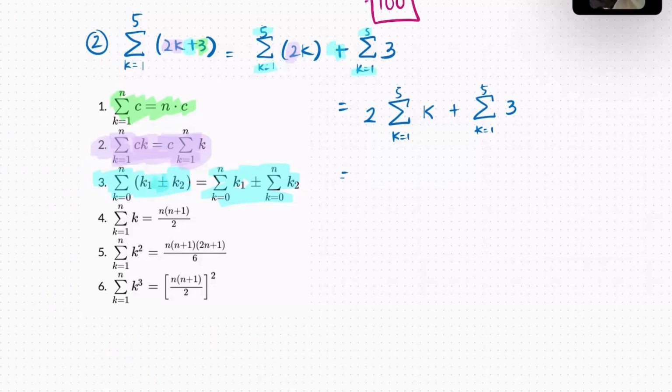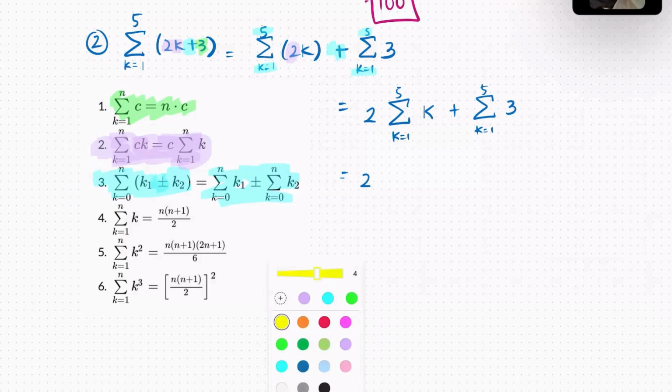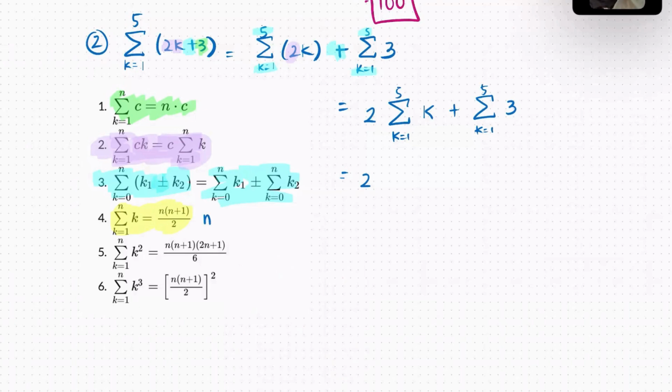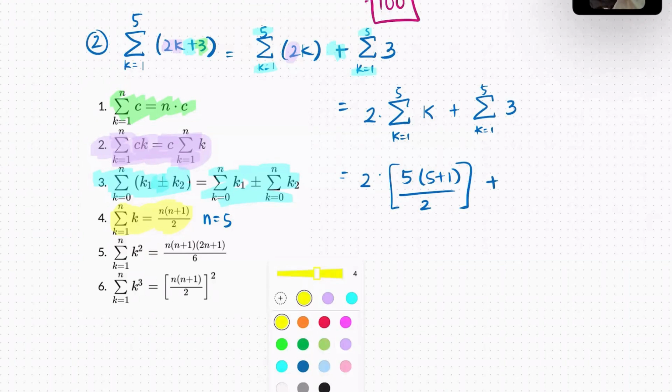So I can simplify this a little bit. So I have 2 times, and instead of k, I'm going to use this formula. So we have 2 times, and our n is equal to 5. So that 2 is still out front as a constant multiple. 5 plus 1 over 2, plus, and that was for this.